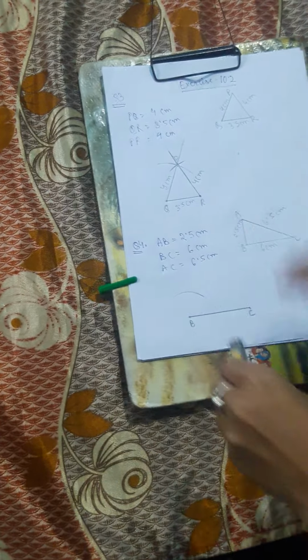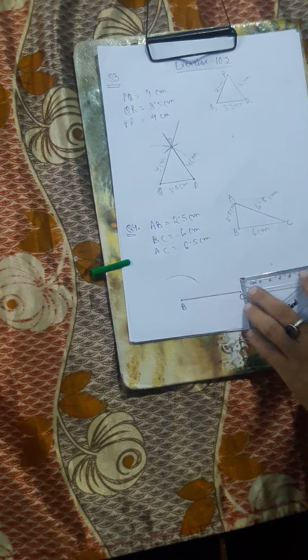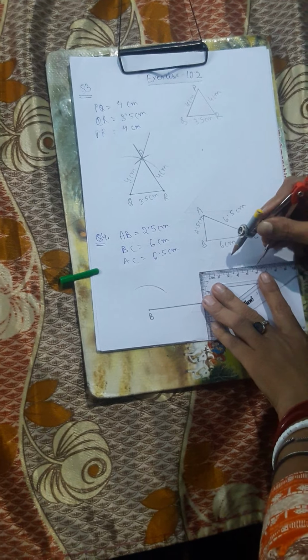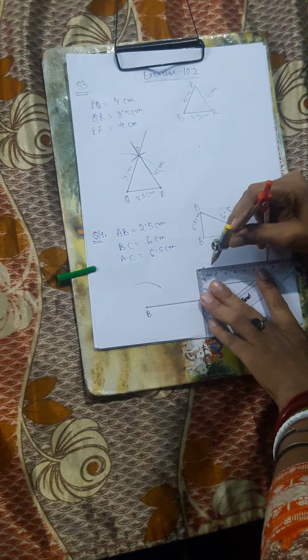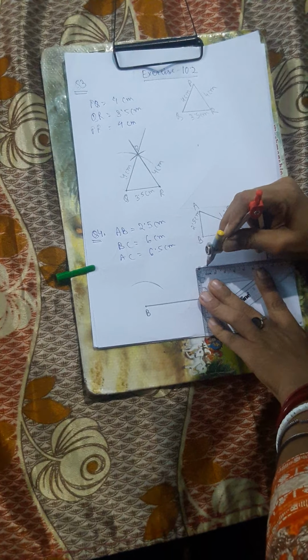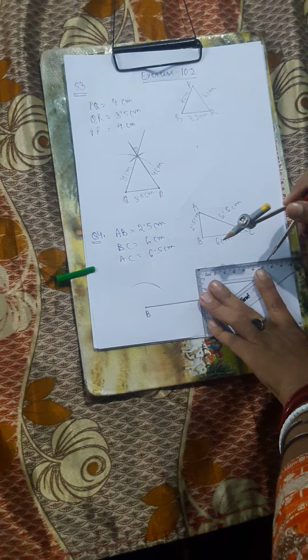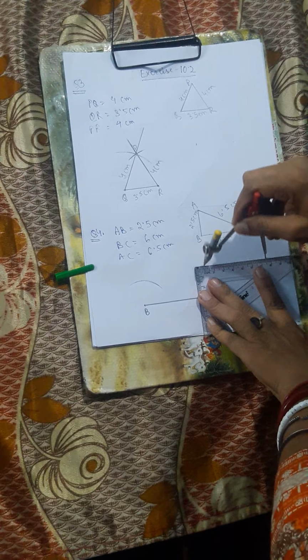Now the other side that has been given is 6.5 centimeter, that means AC. The intersection point you will get will be A. So its length will be 6.5 centimeter. Measure it properly. That measurement should be perfect, otherwise your construction will not be correct.